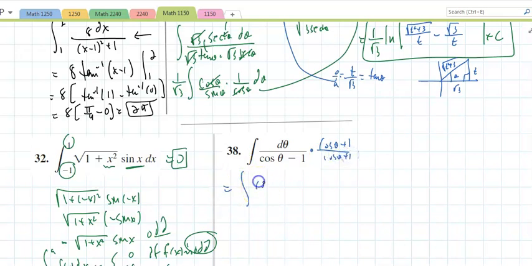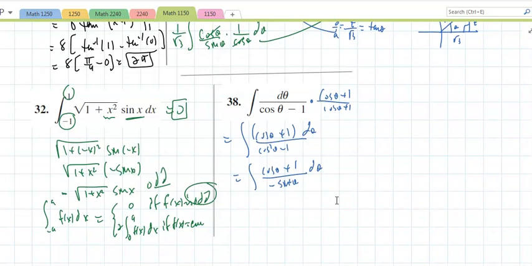That is the integral of cosine of theta plus 1 d theta over cosine squared of theta minus 1. That is the integral of the cosine of theta plus 1 over, and that is negative sine squared of theta d theta. And that is negative the integral of cosine of theta over sine squared of theta d theta.